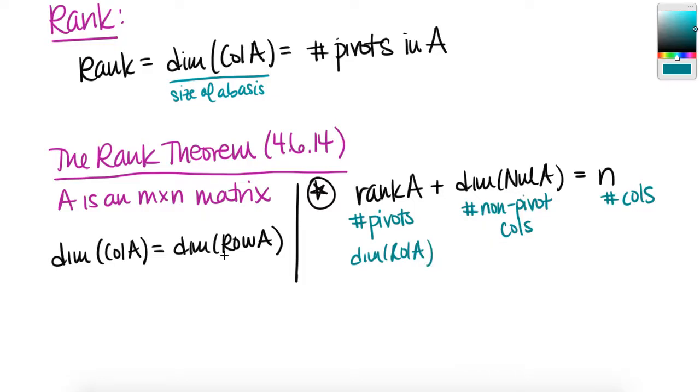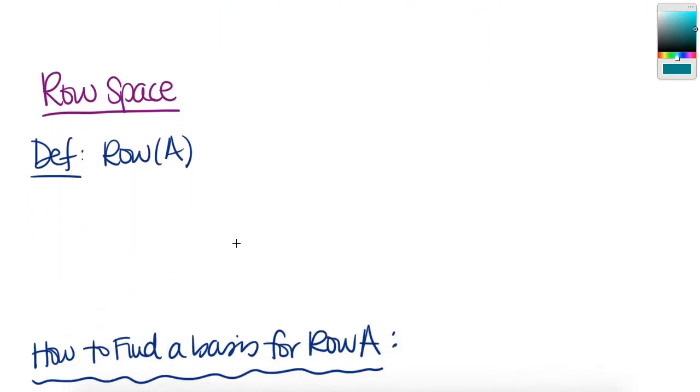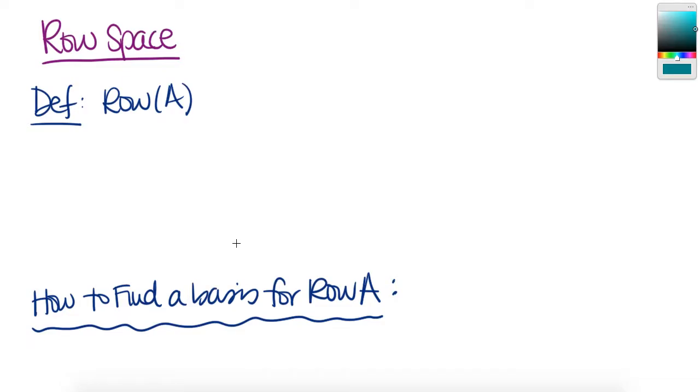Okay, so let's take a little detour and talk about row space. All right, row space of A. So let's say A is an m by n matrix.